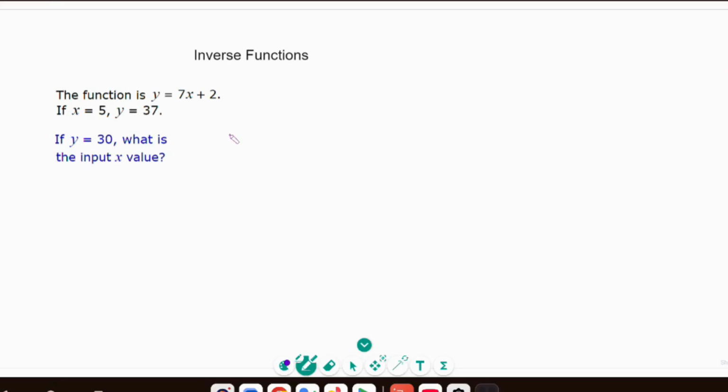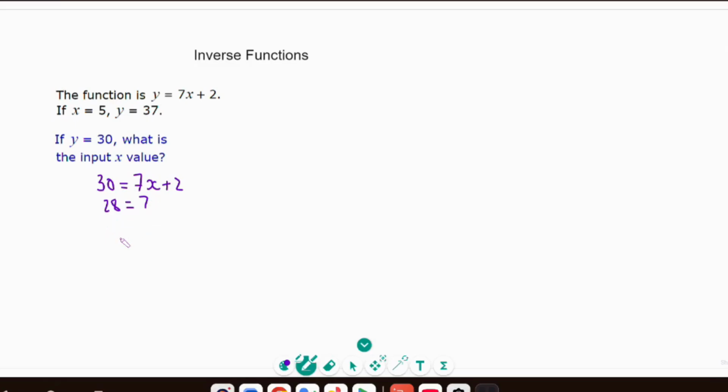Okay, if y equals 30, what is the input value x? If I substitute y as 30, what I could do is take 2 off both sides and divide both sides by 7, which gives us x is 4.